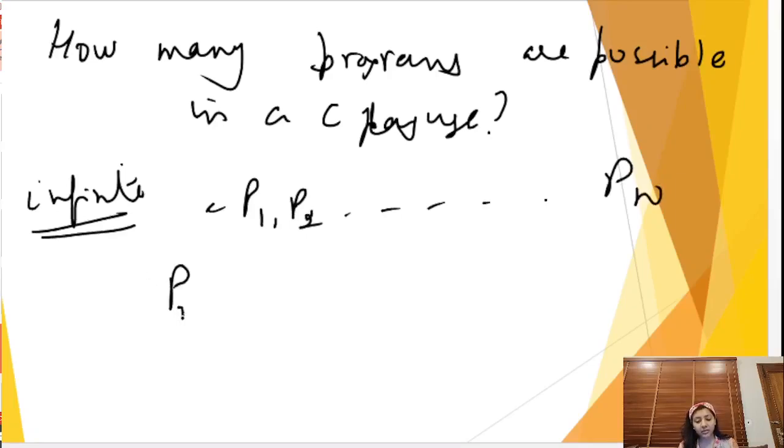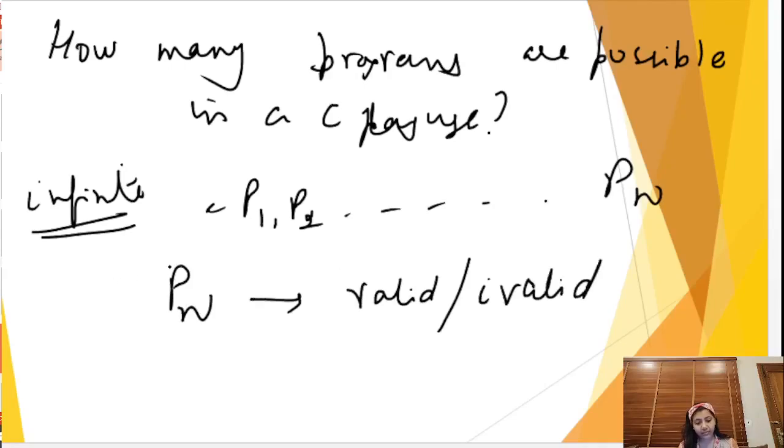Now, given any program Pn, how can we decide whether it is valid or invalid? The naive answer is, we can store the set of all valid programs in our memory. But is it a feasible approach? Not at all. Why? Because storing the set of all valid programs that we can write in the C language is nothing but wastage of memory, wastage of time, wastage of effort.